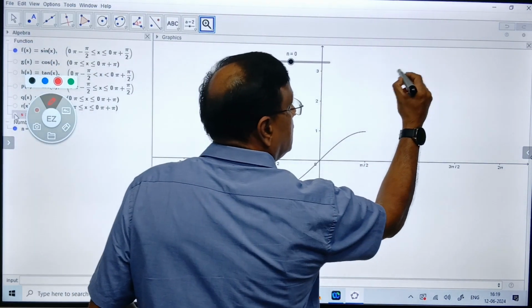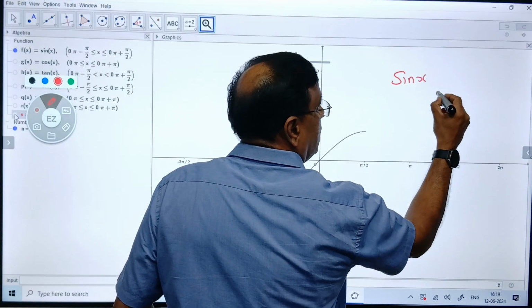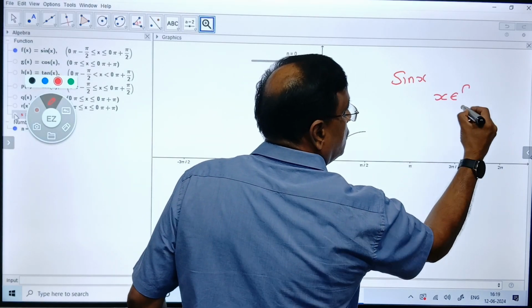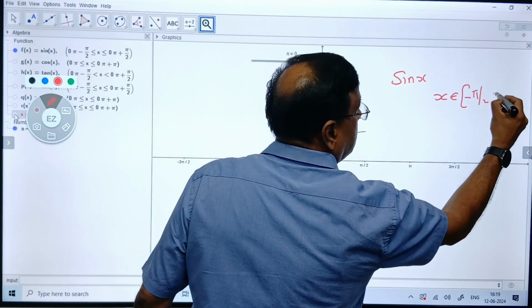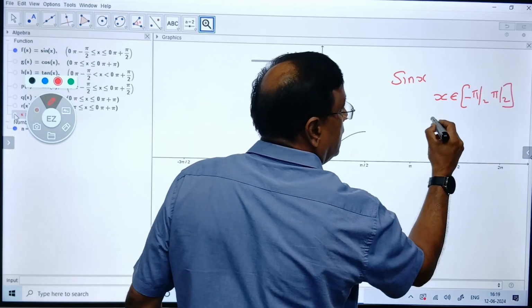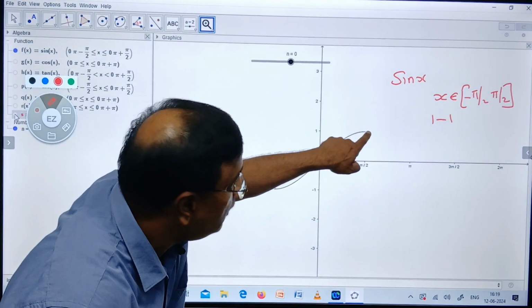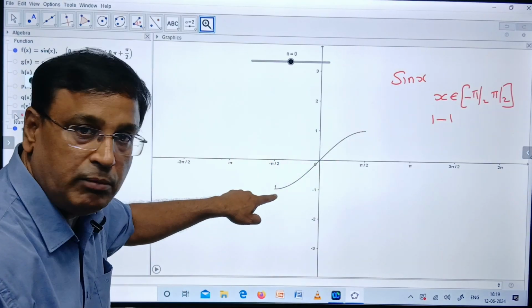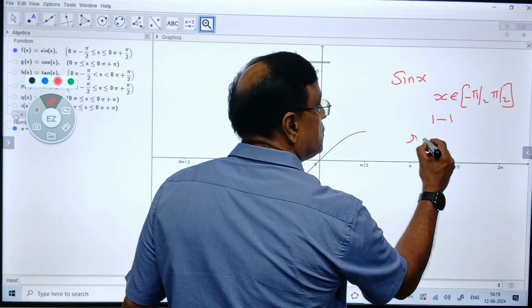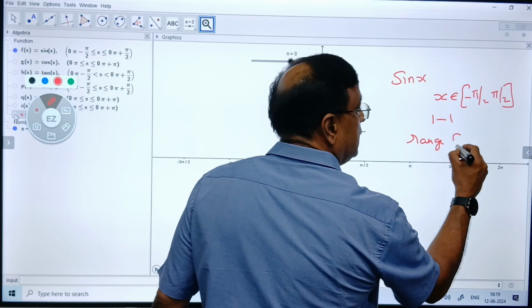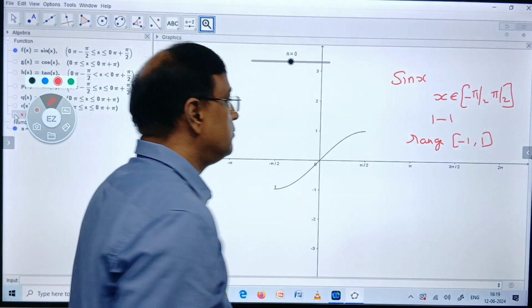So clearly, sine x, when x is in the closed interval minus pi by 2 to pi by 2, is 1 to 1, correct? And what is the maximum value of sine? 1. Minimum value, minus 1. So the range is also minus 1 comma 1.